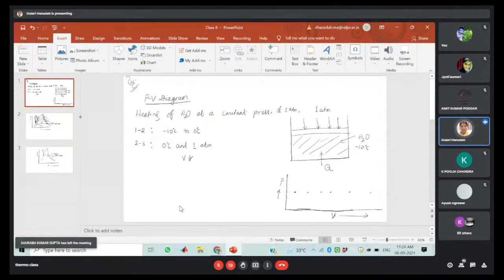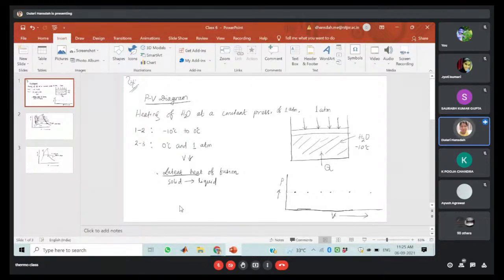The solid ice is converted into liquid water by absorbing the latent heat of fusion. As I have already told you, latent heat means the energy consumed during the phase change process. Whatever energy is utilized during the phase change process is termed latent heat.